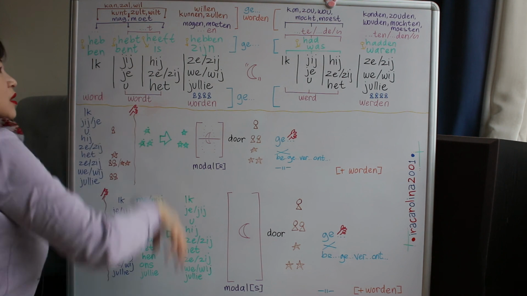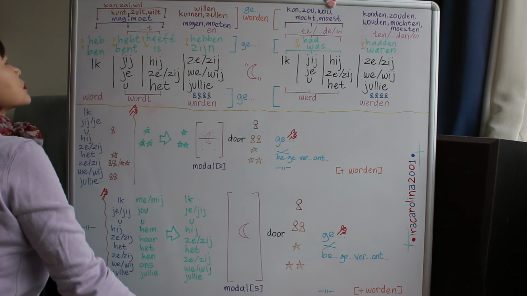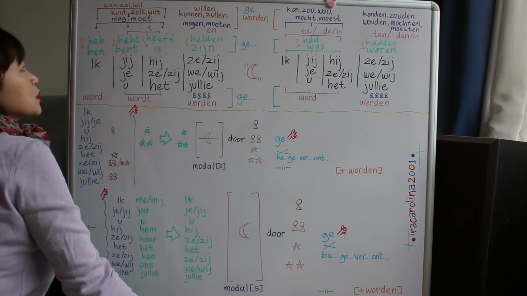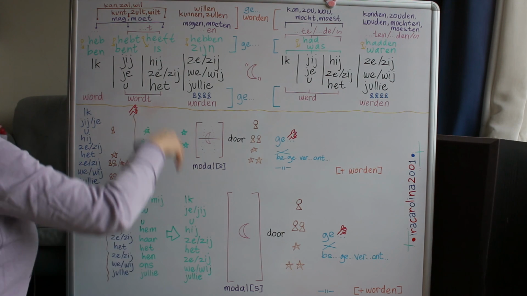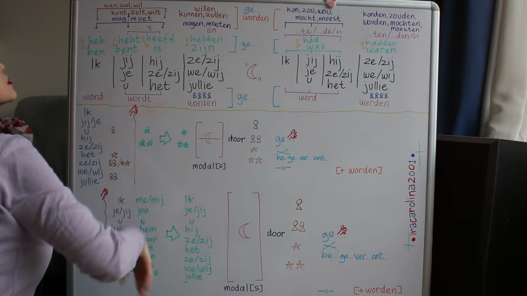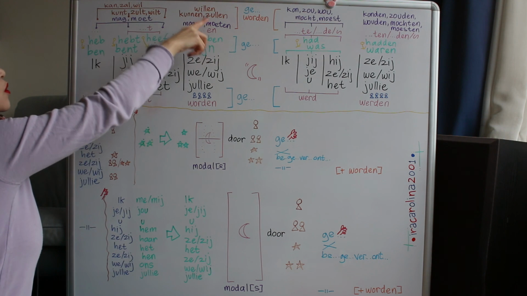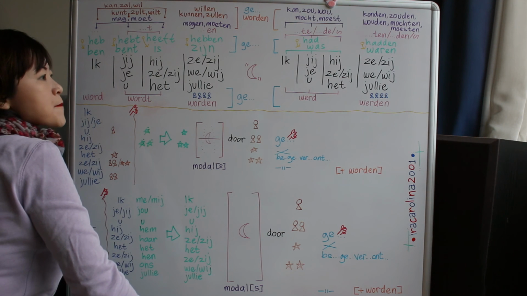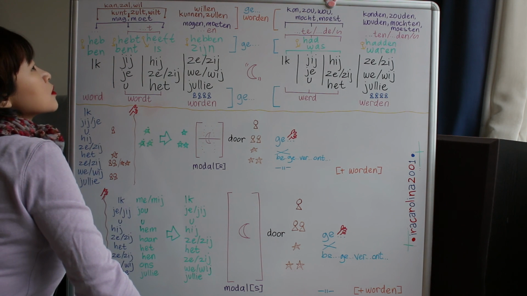And this wilt is want, instead of will, because will in Dutch is zult, zal, zullen. And this wilt, willen is want.